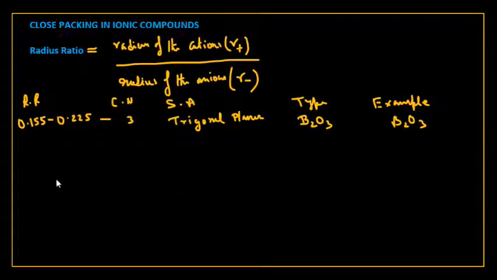Similarly, the second rule: if the radius ratio is in between 0.225 to 0.414, then the coordination number is 4 and the structural arrangement is tetrahedral.